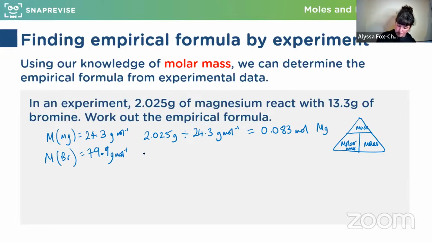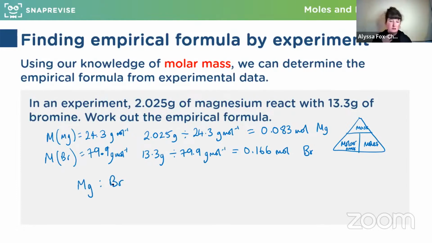And then the bromine, how much bromine have I added? Well, 13.3 grams divided by 79.9 grams per mole gives me 0.166 moles of bromine. So that tells me my ratio of magnesium to bromine in molar amounts.